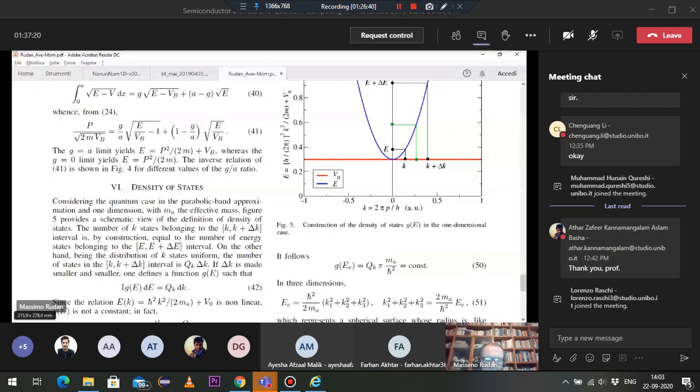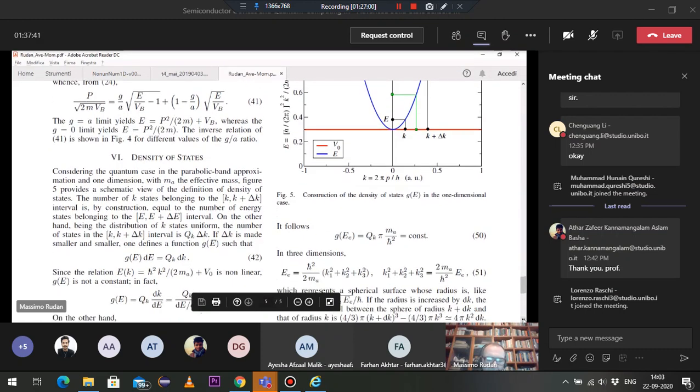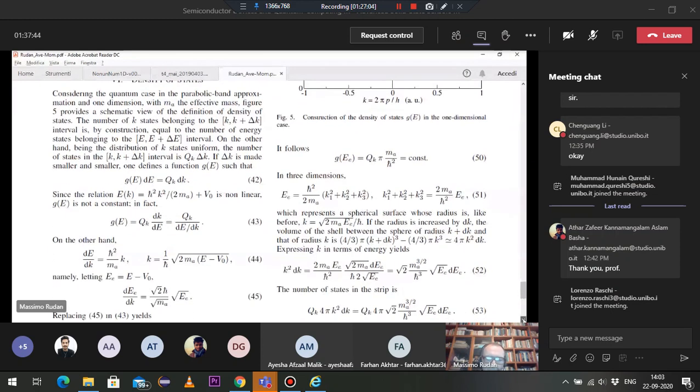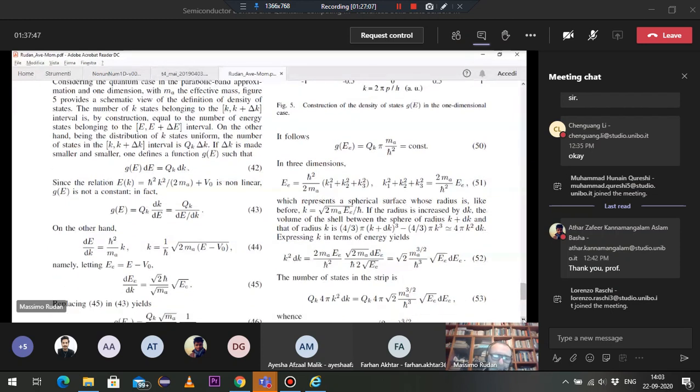So we must introduce a function that we call G depending on energy, such that G of energy times the length of the energy interval is equal to the number of states. And of course, it is also equal to Q of K times dK. Okay, so G of E is a very important function that is called the density of states in energy. Q of K is the density of the K vectors along the K axis, but this is a constant. This is a very easy concept. Okay.